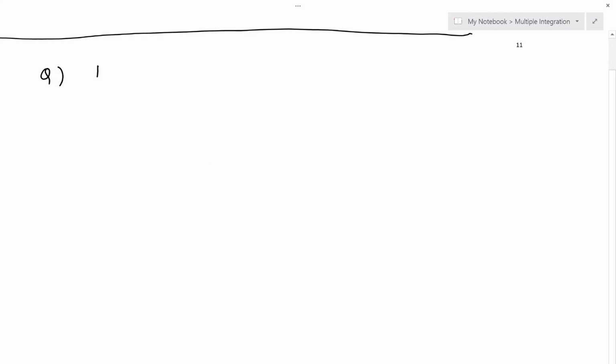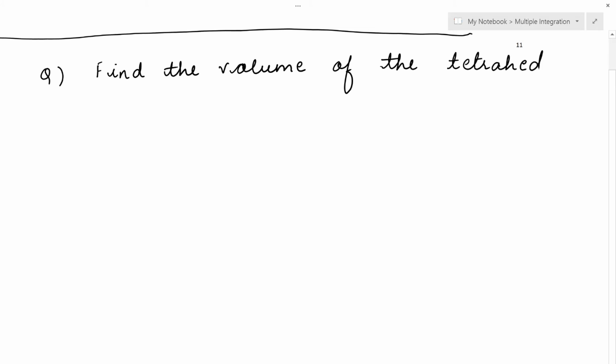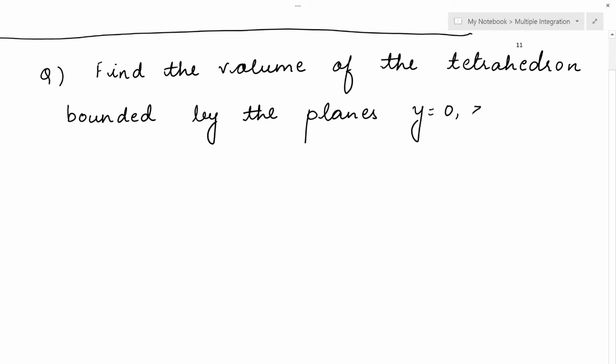So write down, find the volume of the tetrahedron bounded by the planes y = 0, z = 0, x = 0 and x/a + y/b + z/c = 1.